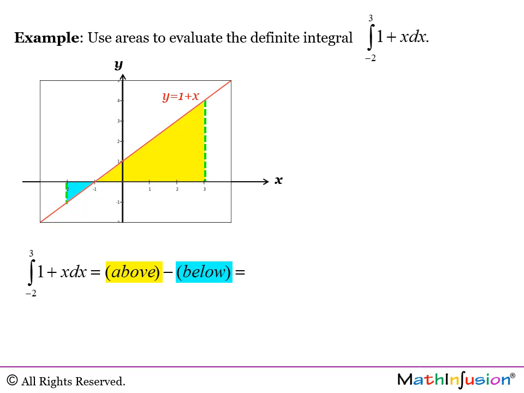And the second one has a base of length 1 and height of length 1. So we get that the area above is 4 times 4 over 2 and the area below is 1 times 1 over 2. And when we take the difference, we just get 15 over 2.